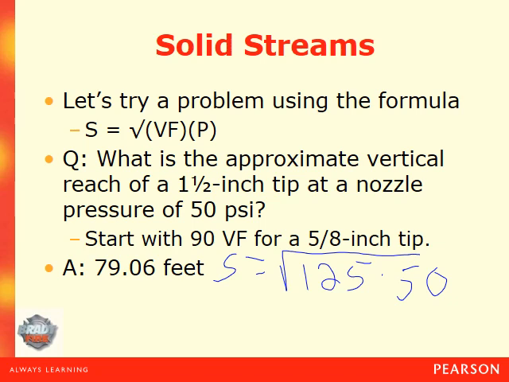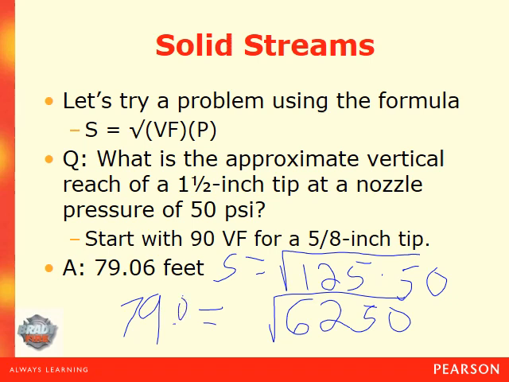So 125 times 50 equals 6,250. And then the square root of 6,250 equals 79.06 feet.